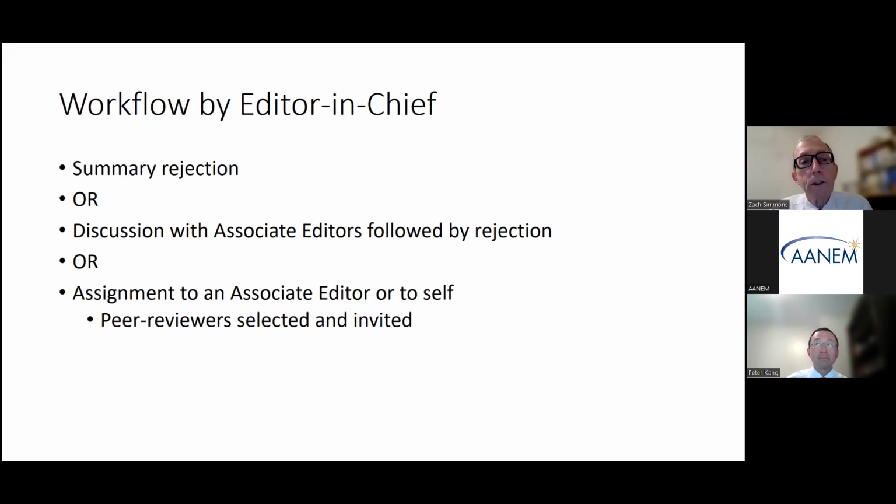Or the editor-in-chief may have discussion with one or more of the associate editors and make a decision about whether it should be sent for peer review or rejected. And then lastly, if it passes those initial reviews, it's assigned to either an associate editor or I assign it to myself, and then it's sent for peer review, which takes us to the topic of today's talk, which is, of course, peer review. So I'll let Dr. Kang take it from here.